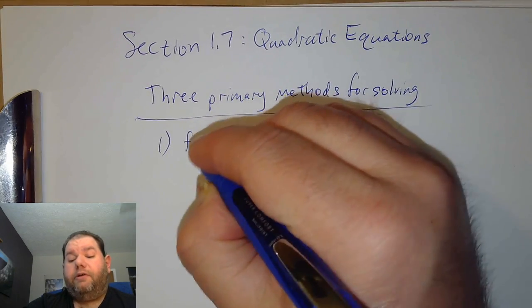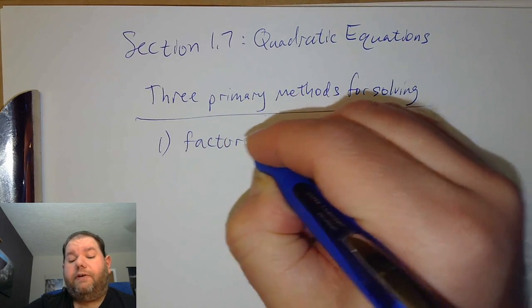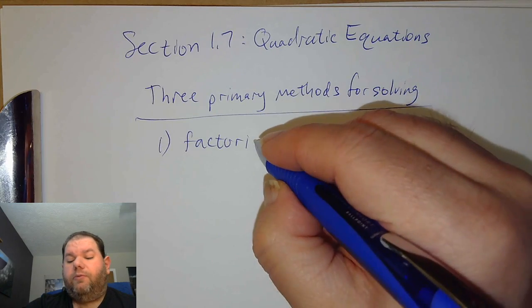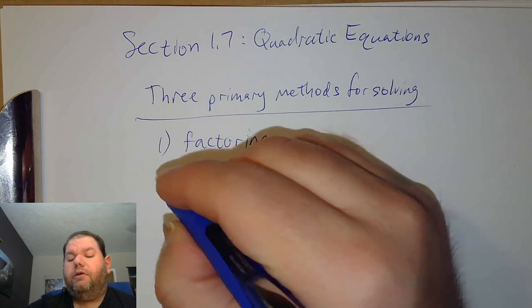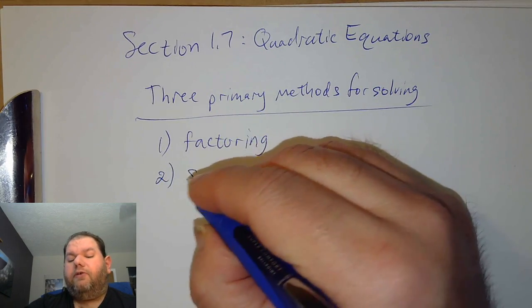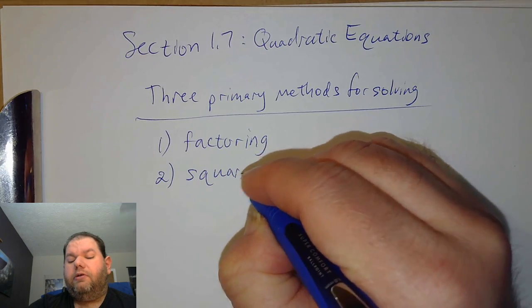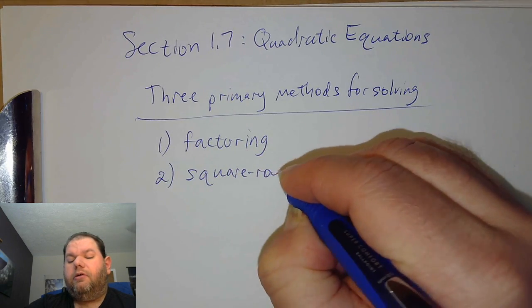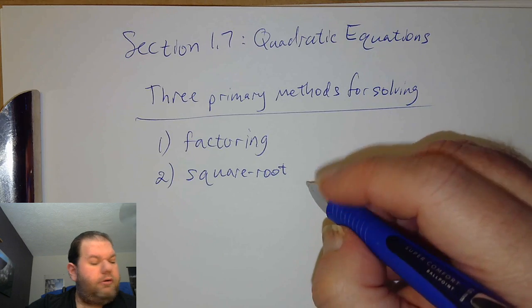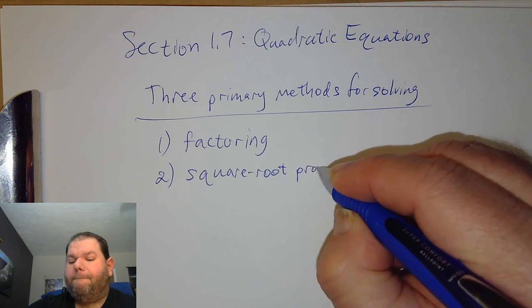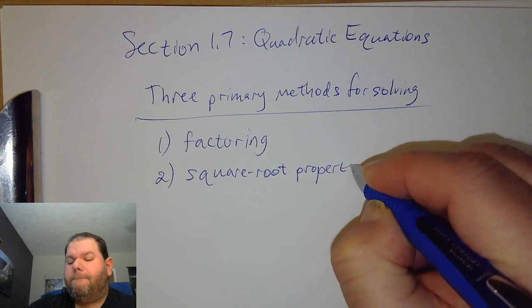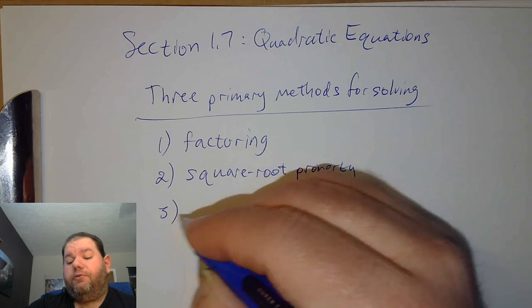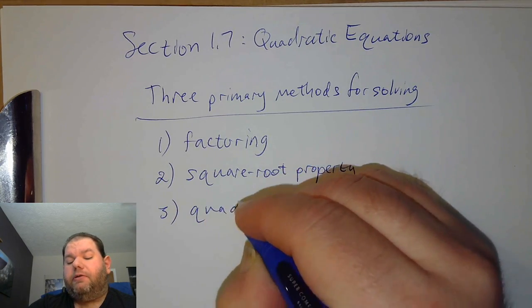One is factoring, to go along with what we just discussed in section 1.4. Second, we have the square root property. And third, we have the quadratic formula.